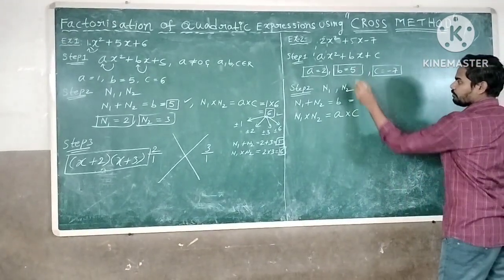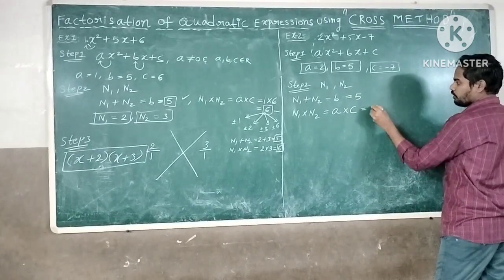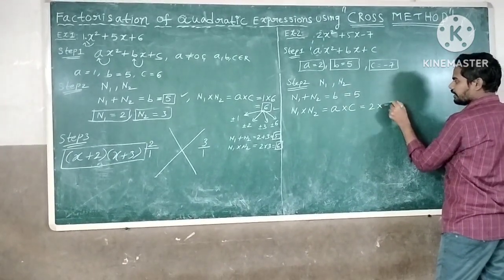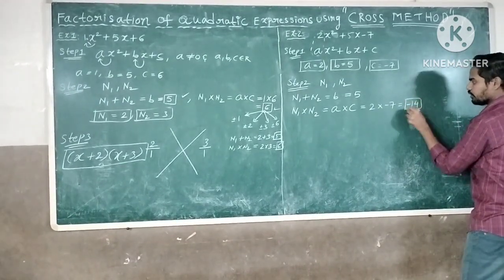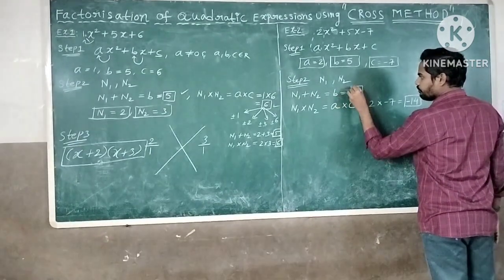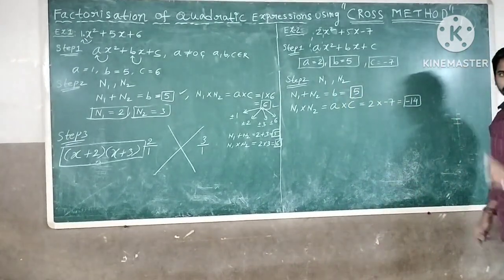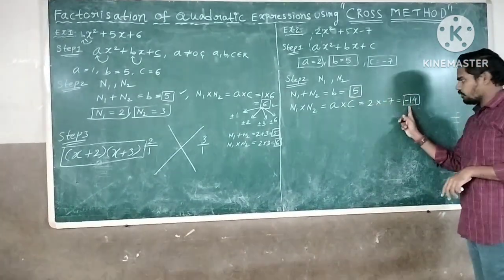Here b is equal to 5 and a into c, the a value is 2 and the c value is minus 7, and what is my result? Minus 14. So now our aim is to find two numbers n1 and n2 whose sum is equal to 5 and product is equal to minus 14.